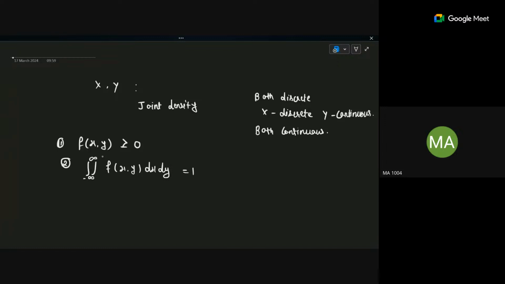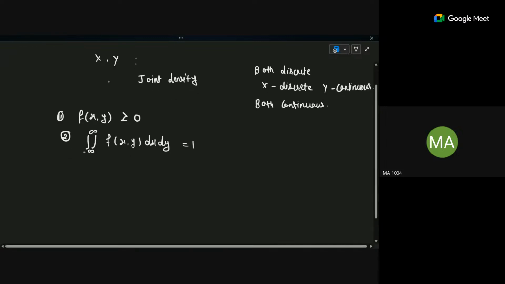There are many cases, like we discussed in discrete. Here also we have many things that depend on the distribution of x and the distribution of y.